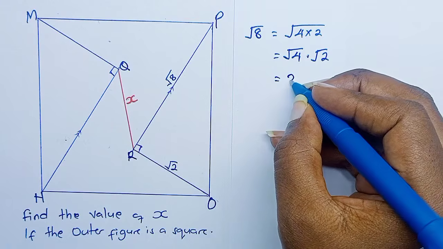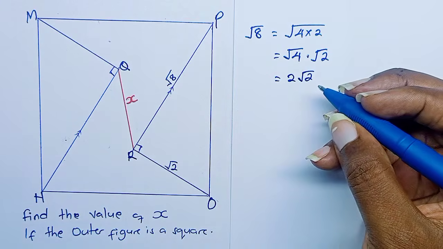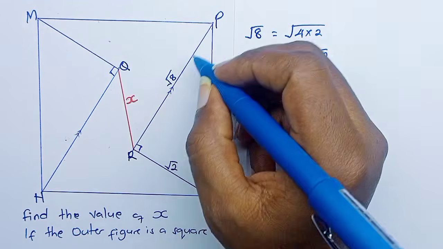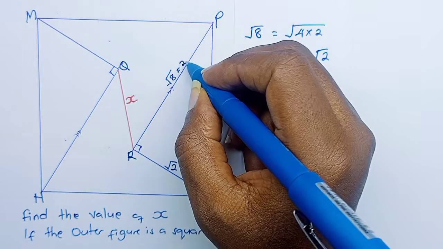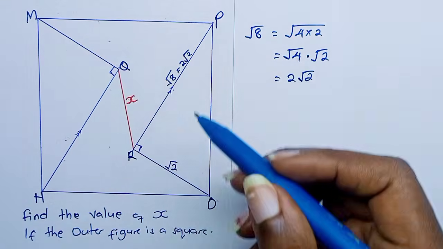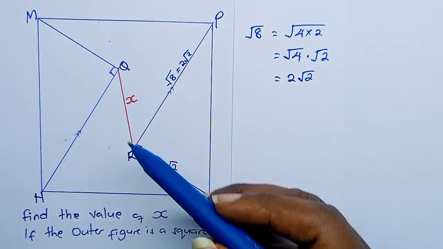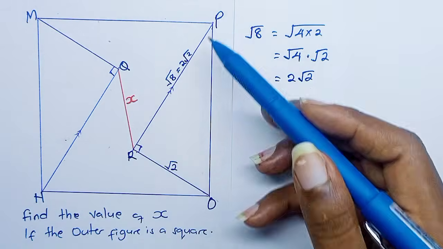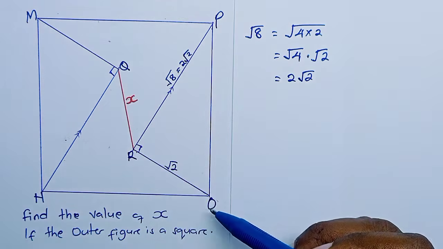Square root of 4 is 2, so 2√2. So this side RP is equal to 2√2. So if this side is √2 and this side is 2√2, that implies that side RP is twice side RO.